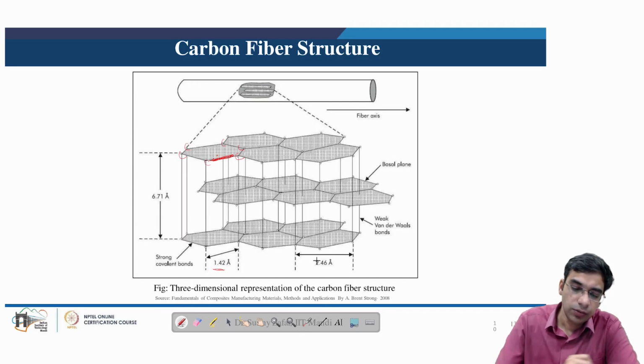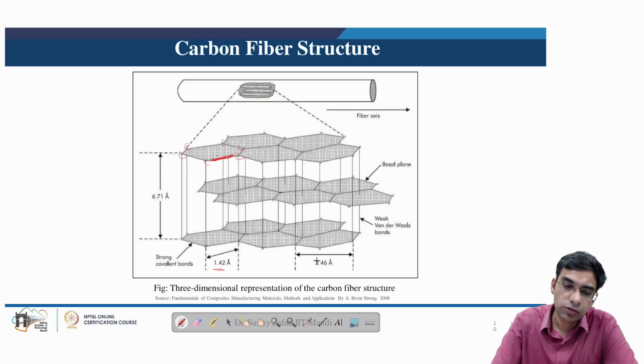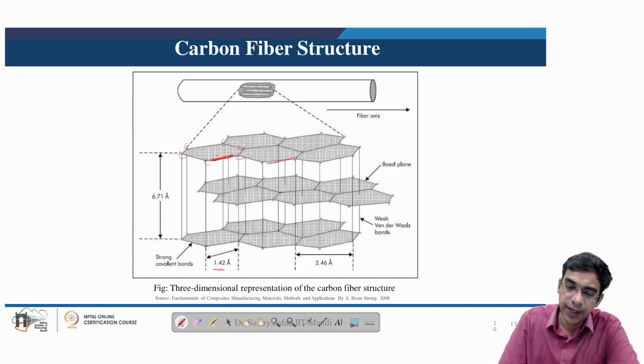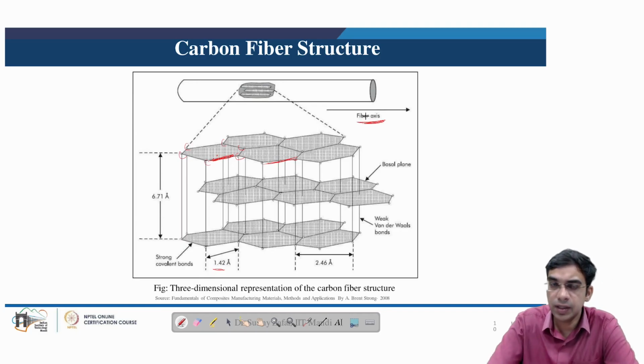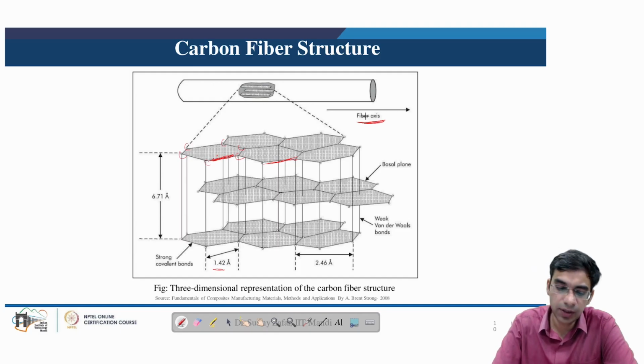So inside the carbon fiber, the carbon atoms are arranged in this unique structure with strong covalent bonding, and many a time this strong covalent bond is aligned with the fiber axis. Thereby we have seen that in several composite applications, whenever the fiber axis is aligned with the direction of loading, the properties are substantially high. This is because of this atomic structure and strong covalent bonding.